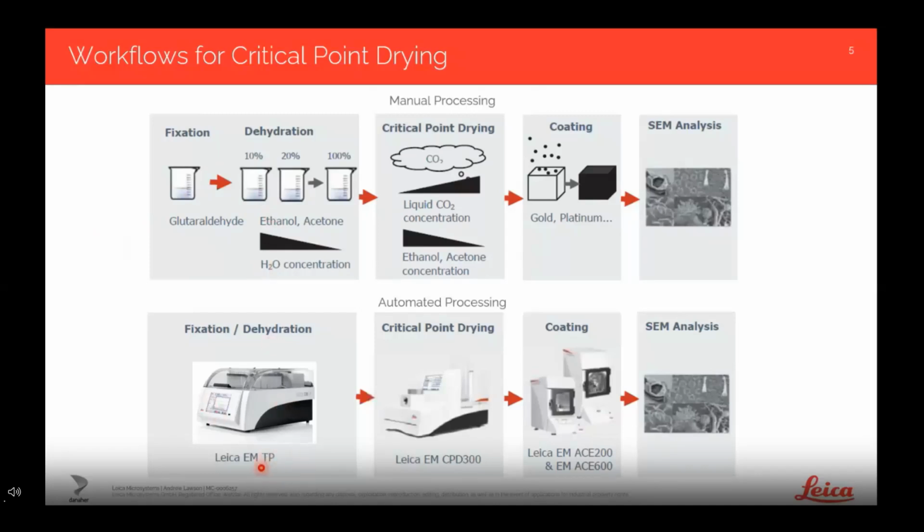Leica has the EMTP, for example. For the rest of the steps, again, it can be fairly automated. Leica has the CPD300 and our ACE line of coaters. They're very automated. You may have other machines in the lab that have similar or less degree of automation, but as far as manual versus automated processing is concerned, we're typically talking about this first chemical processing step.